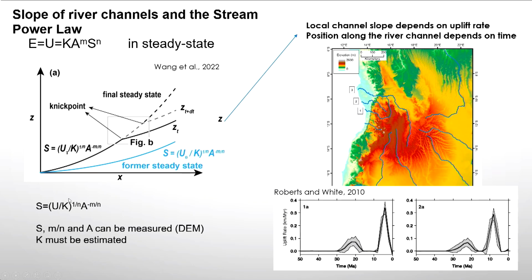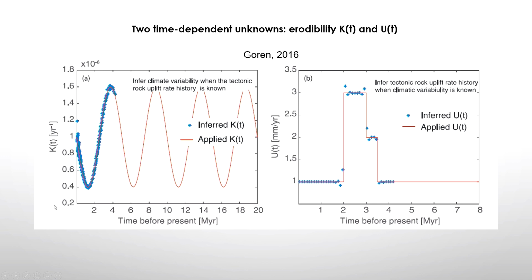We have the erosion coefficient K, which can vary with time, and we have the uplift rate, which can also vary with time. So it's one too many. But what we can evidence, this is a study by Liran Goren, is that provided you have some knowledge about the uplift history, then you can recover the variation of the erodibility coefficient, which is here a proxy for climate.